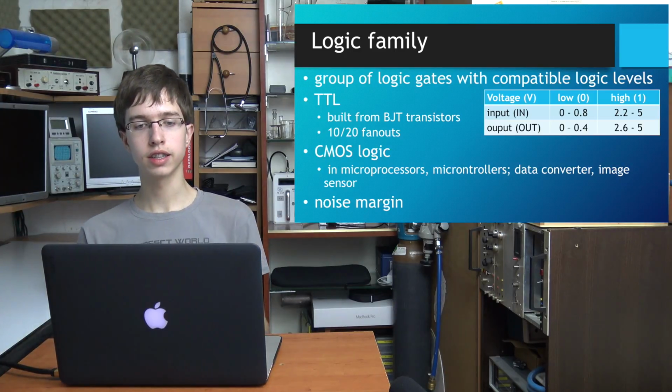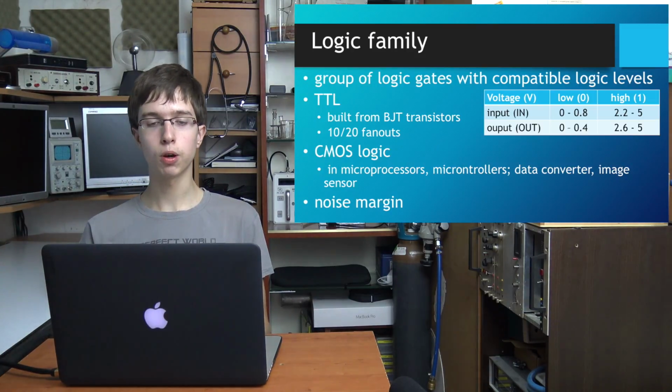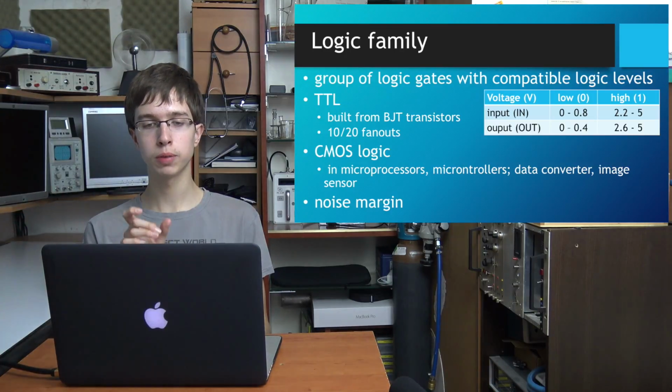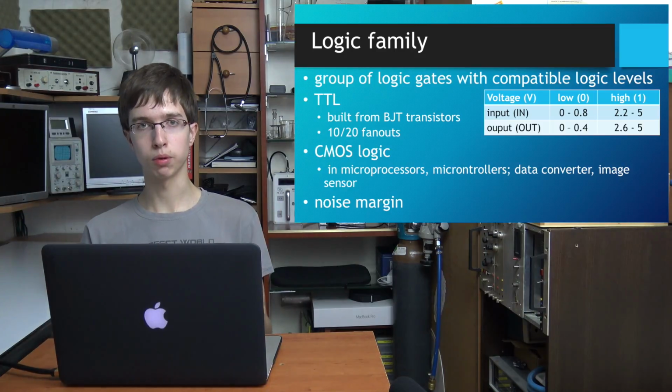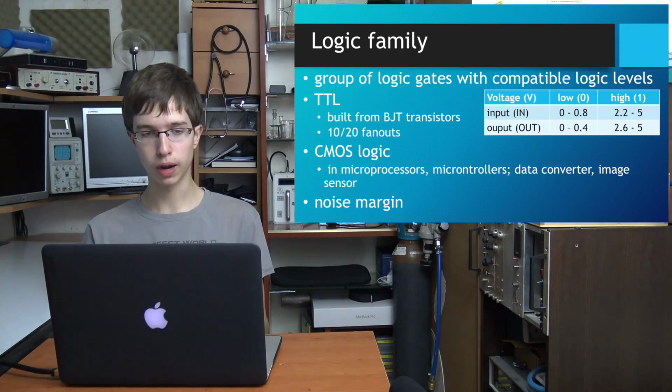And here you can see a table which represents these voltage ranges for each logic level, 0 and 1, for both input and output. And what if voltage is somewhere between this 0.8 and 2.2 volts in input? Then output cannot be predicted. So it can be either 0 or 1.